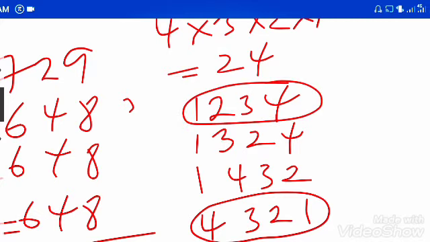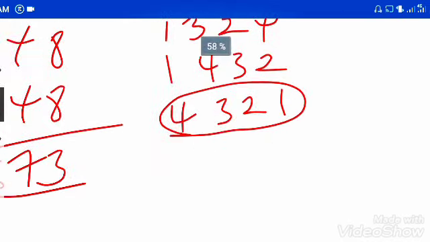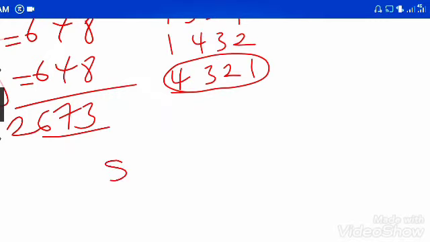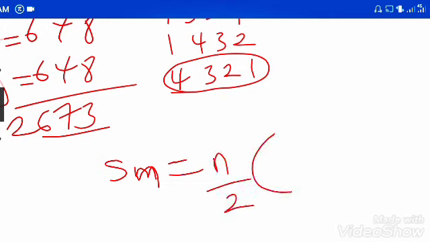We've been asked to add all of them up. Now there's a formula for that. When you're adding series or sequences, we call it arithmetic progression. So here the formula says that the sum of these numbers is going to be n over 2, where n is the total number that we can form, into the first term, which is the smallest number, plus the last term, which is the largest number.